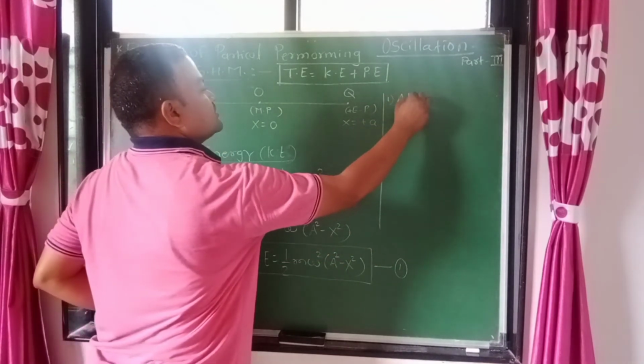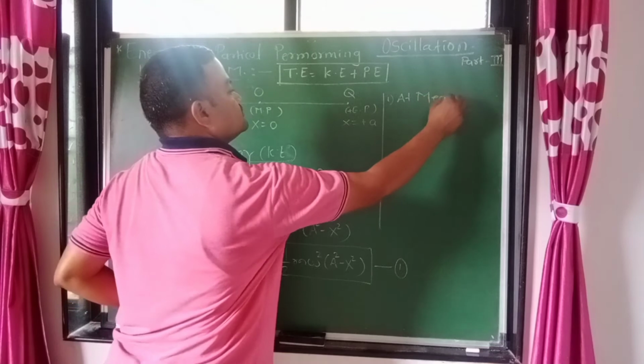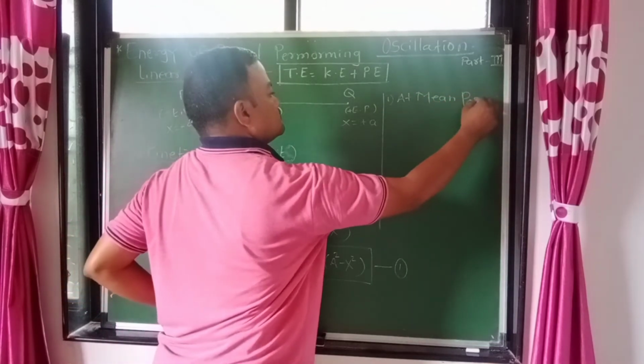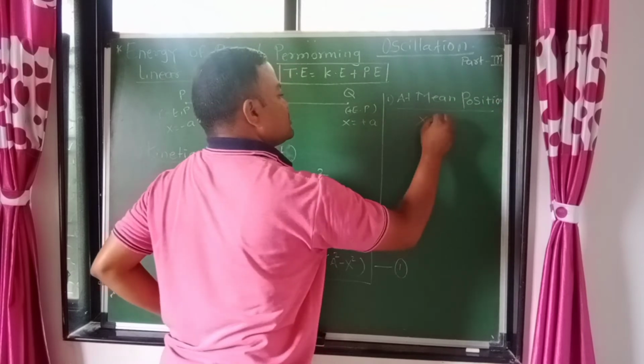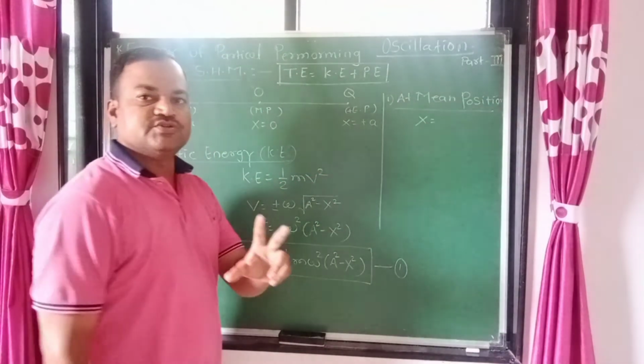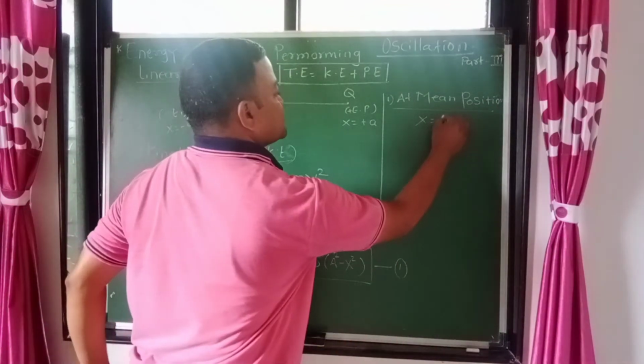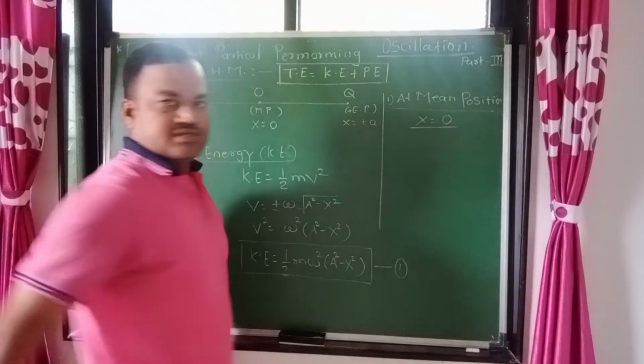Therefore, at mean position the particle is already at the mean position, it cannot cover any displacement, so x is equal to 0.